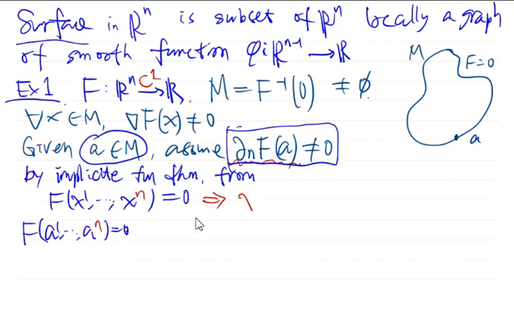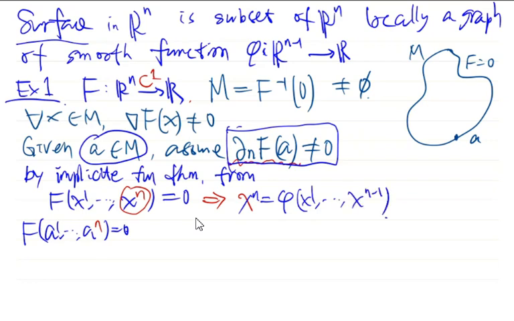Okay, so now our xn, because the partial derivative with respect to the last variable is not 0, we can solve for the last variable. Xn is a function of the other arguments, x1, ..., xn minus 1.